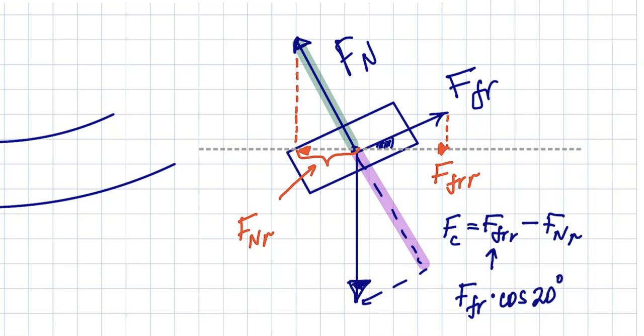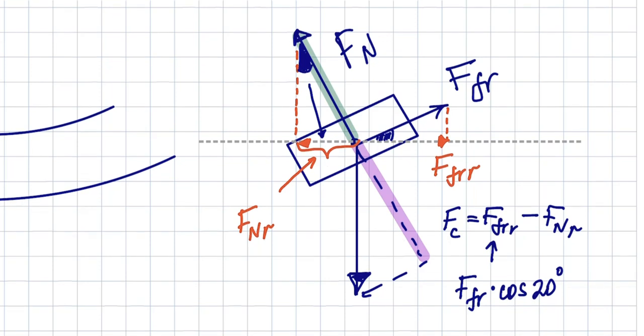And force of normal radial, that would be your 20 degrees, and then your force of normal radial is going to be sine of 20. Or you can do cosine of 70, it's up to you. I prefer sine of 20. So force normal times sine of 20.